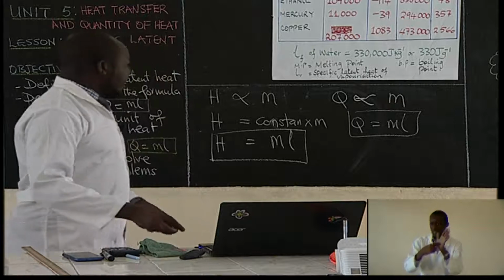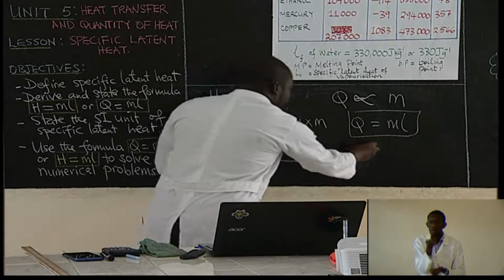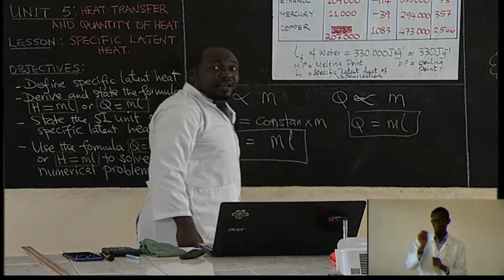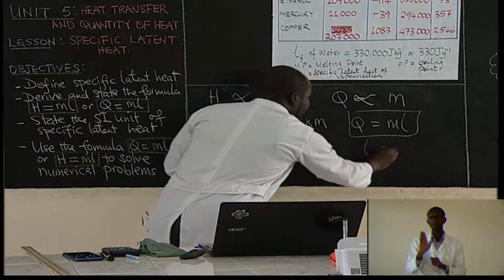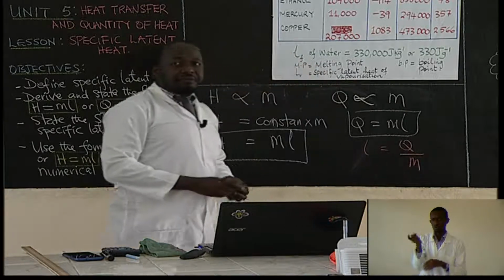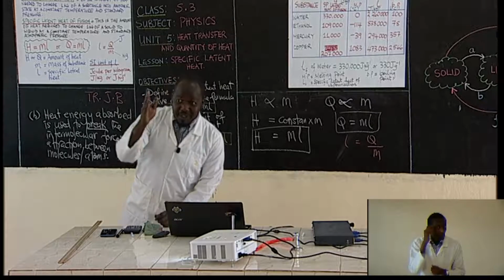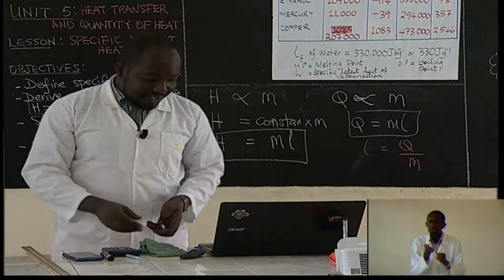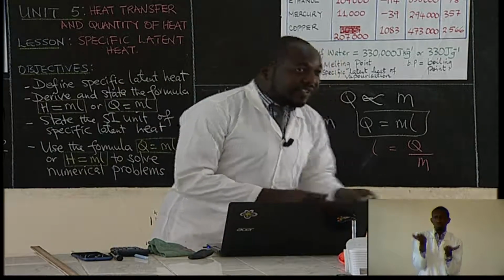Remember, Q and H can be used to represent quantity of heat. Now, let me go ahead and make L the subject here. If I make L the subject, I have to divide this side by m, the other side also by m. So L is going to be equal to Q over m. Remember, Q is quantity of heat, m is mass. So what are the units, therefore?